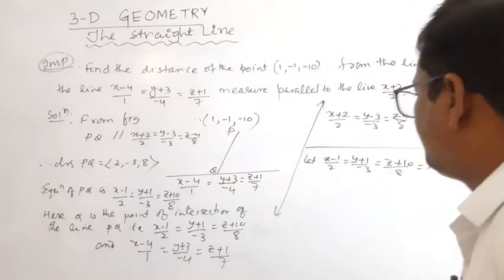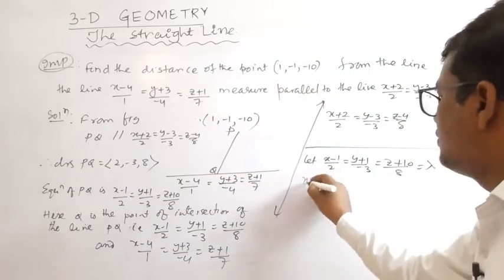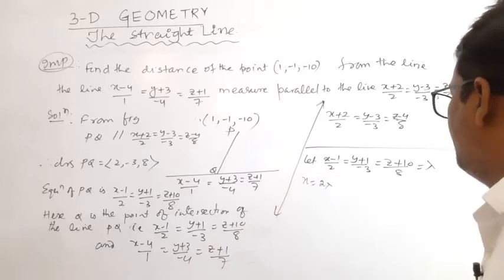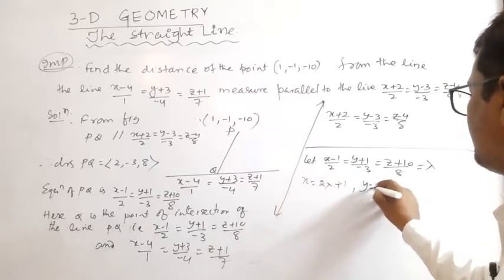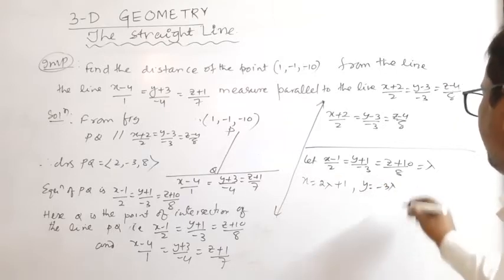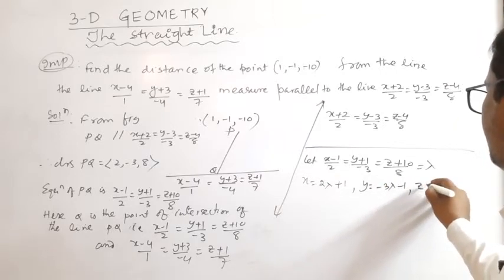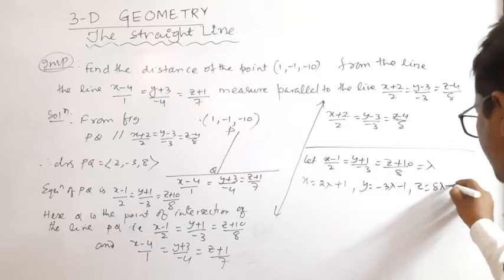So x is equal to 2 lambda plus 1, y is equal to minus 3 lambda minus 1, z is equal to 8 lambda minus 10.